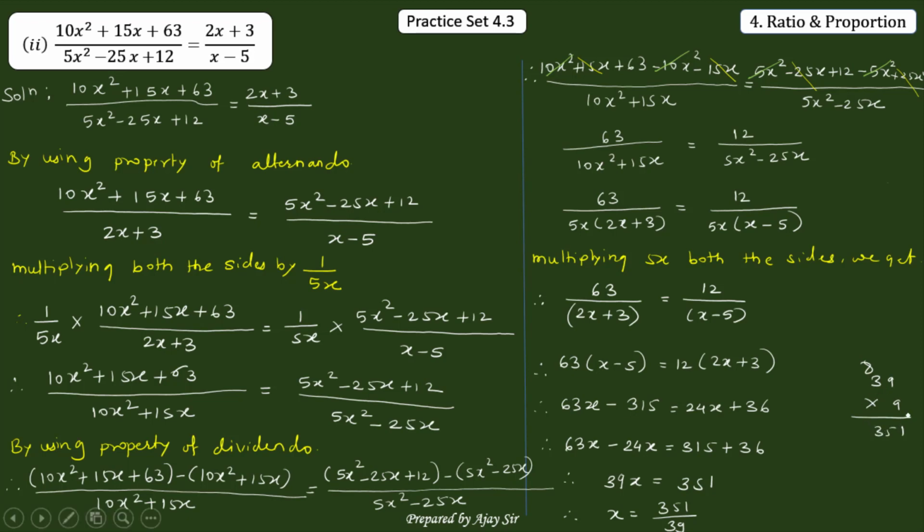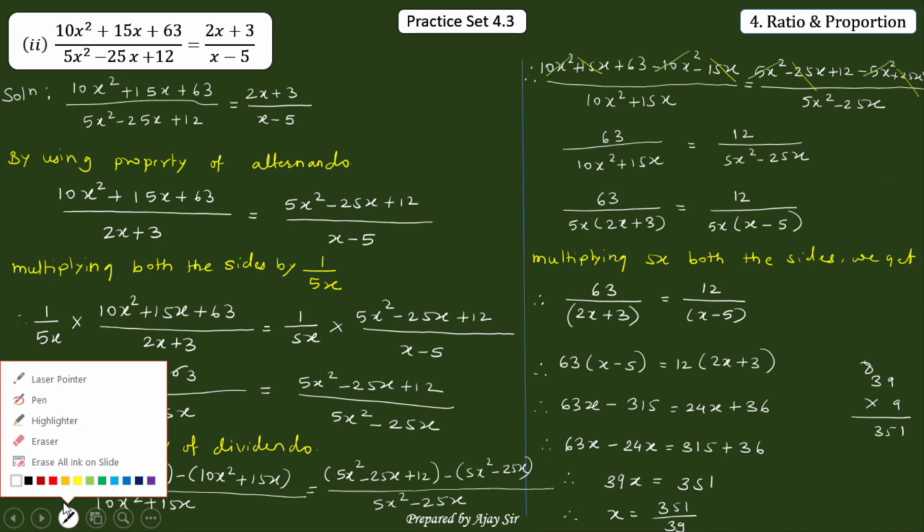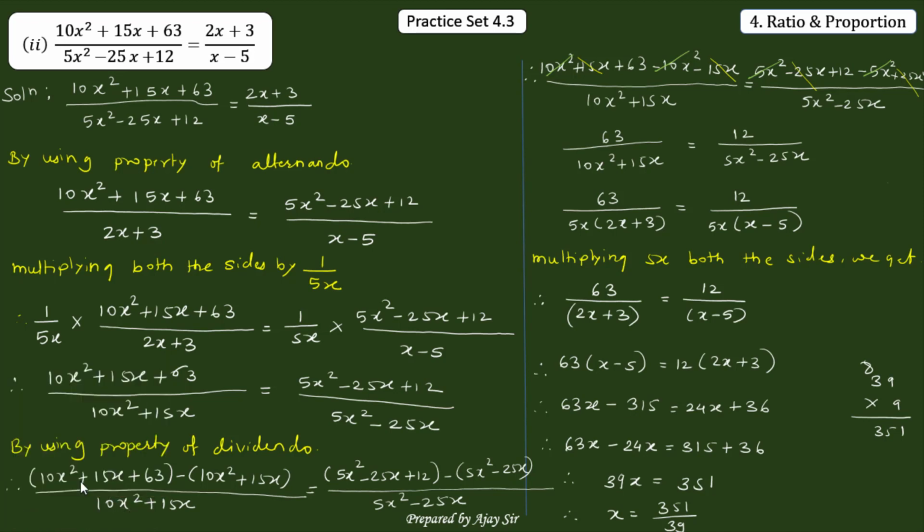So let us divide this by 39, 39 ones are 39, 39 9s are 351. So the answer is x is equal to 9. So this is the answer.